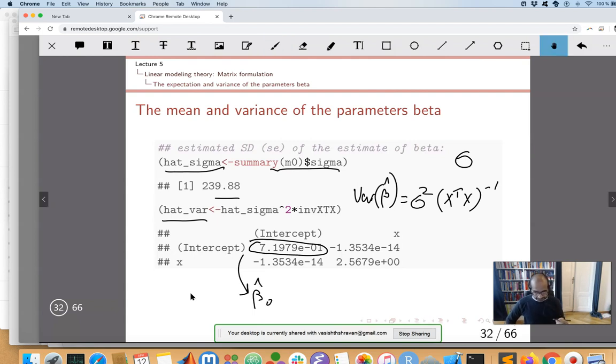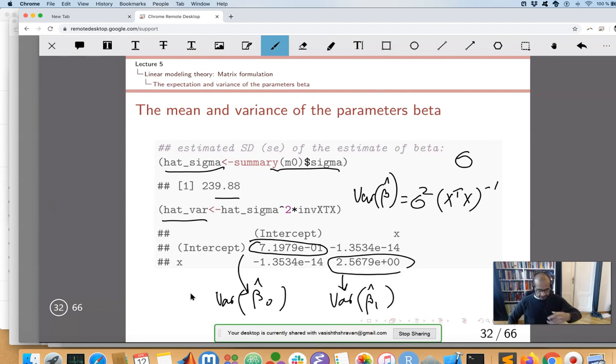Under repeated sampling, how variable is that going to be? And this term is showing me the variance of the beta 1 hat parameter. So how variable will this estimate be under repeated sampling?